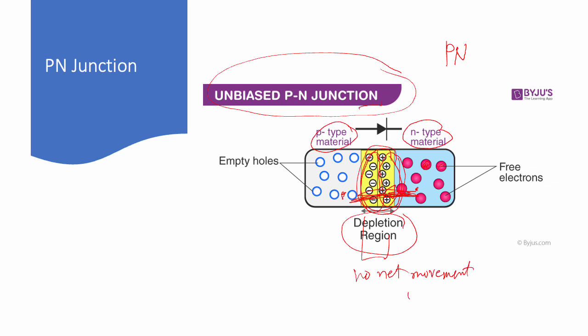The electric field in the depletion region results in a potential difference known as the barrier potential, or the junction potential. This opposes the further flow of charge carriers across the junction. In a PN junction, the N side becomes negatively charged and the P side becomes positively charged.